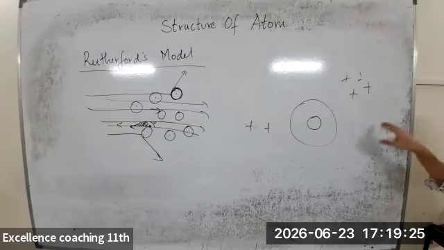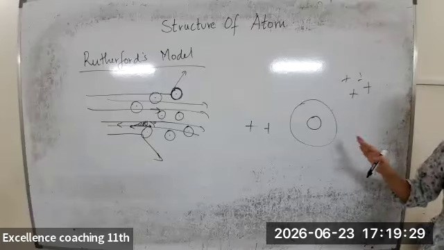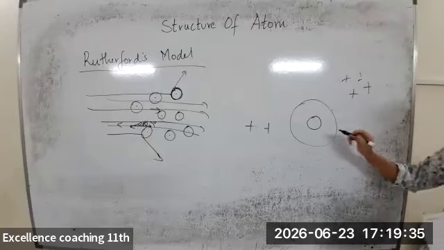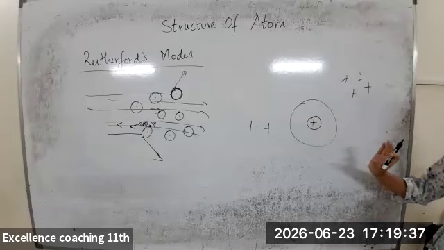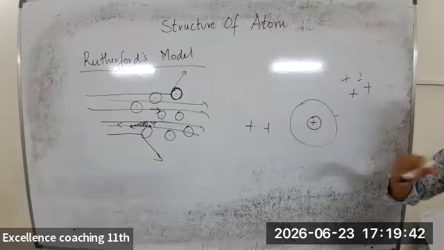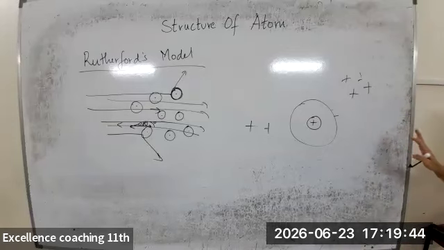He made a question mark on that. So he said it can't be spread throughout. The positive charge will be embedded only in the nucleus, and the negative charge will be surrounding the nucleus.